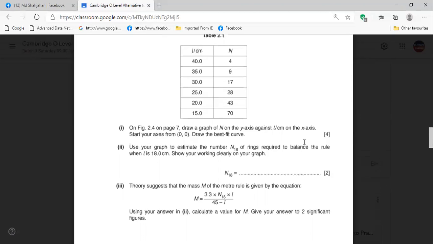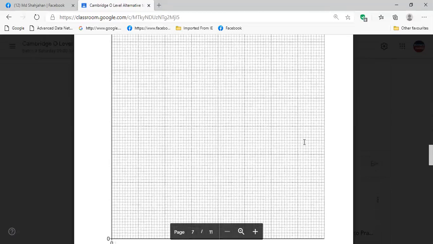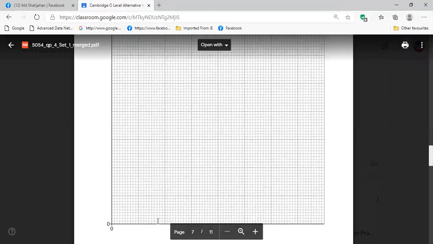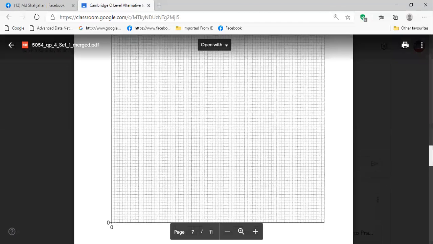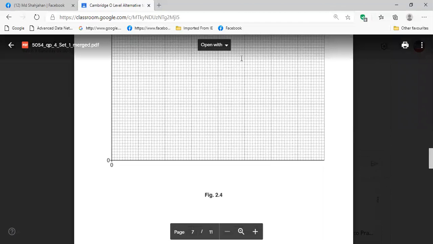And in your x-axis, you have 1, 2, 3, 4, 5, 6, 7, 8. So you can do it this way. Here we'll write 40.